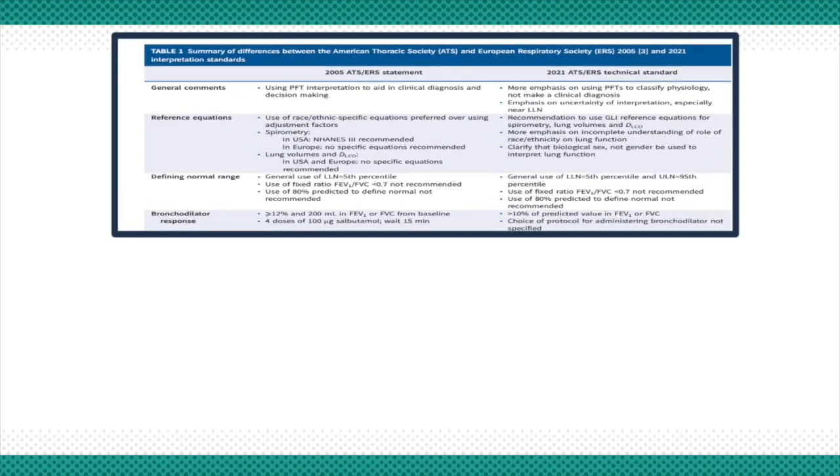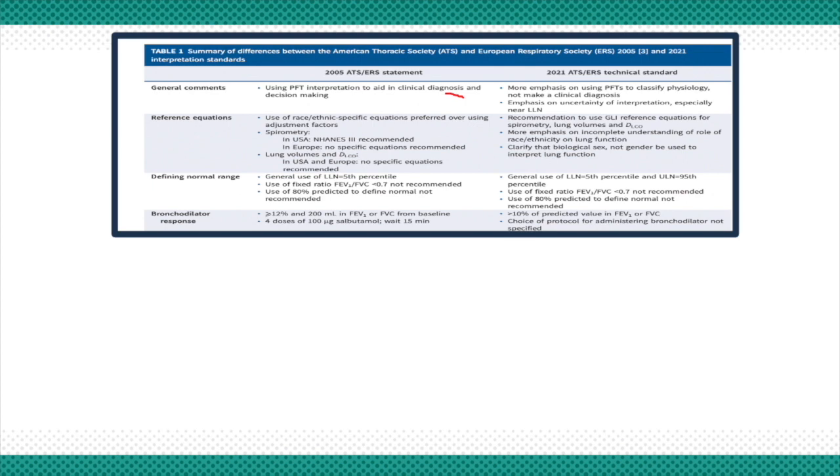Let's talk about the first part which we are including in this video. In 2005, PFT interpretation was used to make clinical diagnosis and decisions, but now we are clear that it's more about the physiology and not about the clinical diagnosis, and we are also emphasizing the lower limit of normal. Earlier, the reference equations were race-specific and ethnic-specific, too many reference equations, different in the US, different in Europe, different across the world.